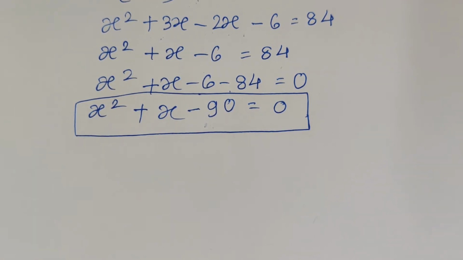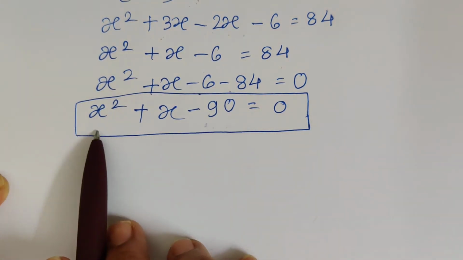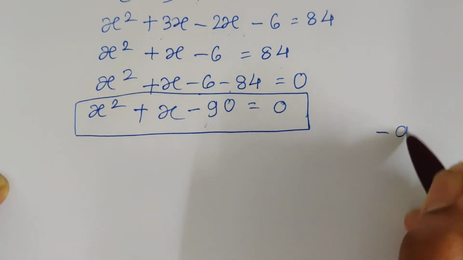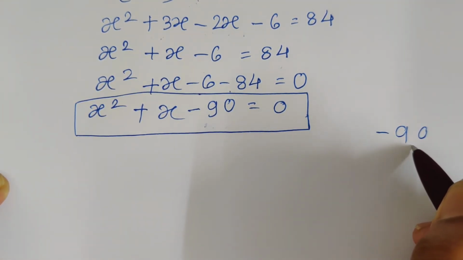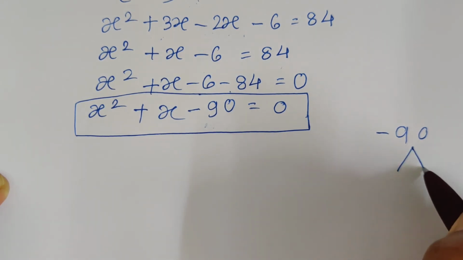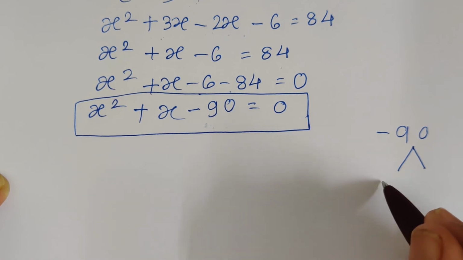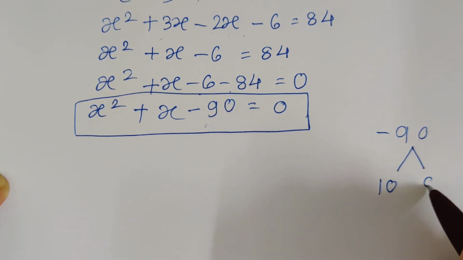Now we will solve it with the method of factorization. 1 nine is 90, the product should be minus 90 and the sum should be plus 1, and you get 10 nines are 90. Product is 90, sum should be plus 1.